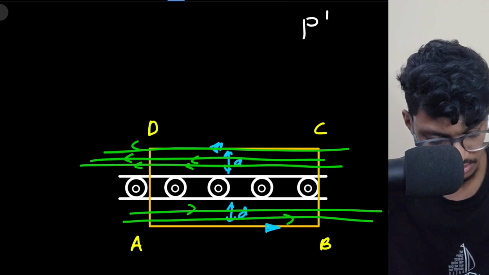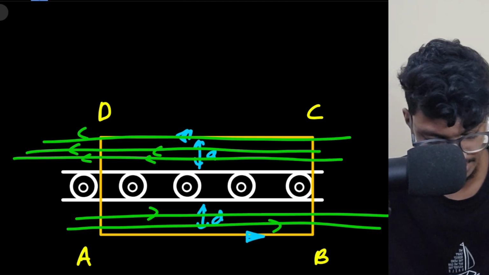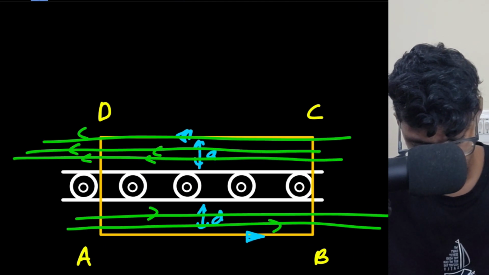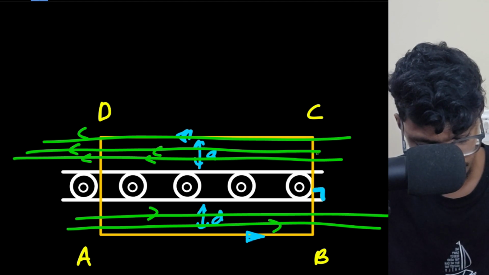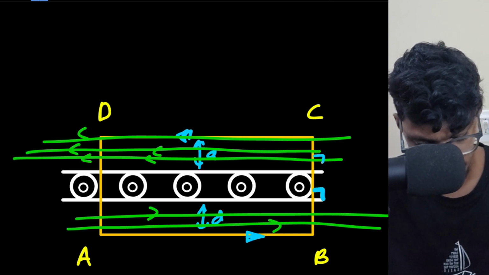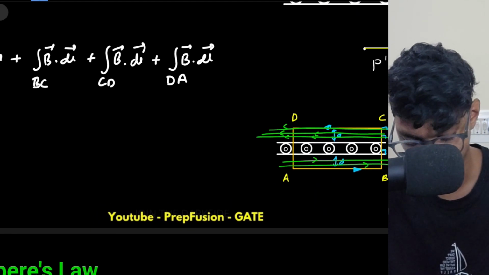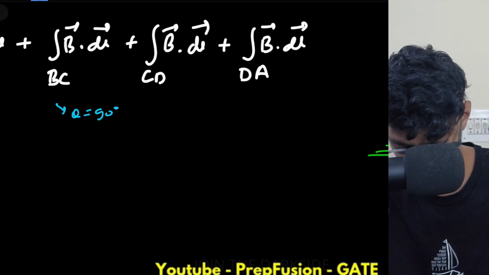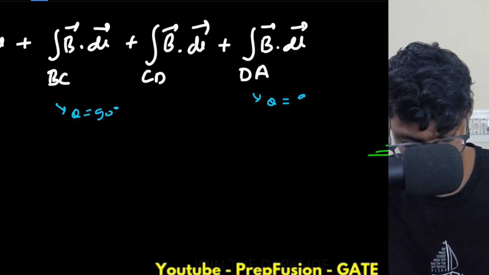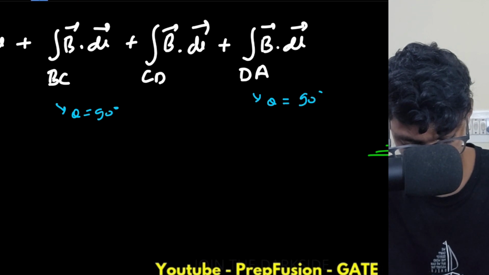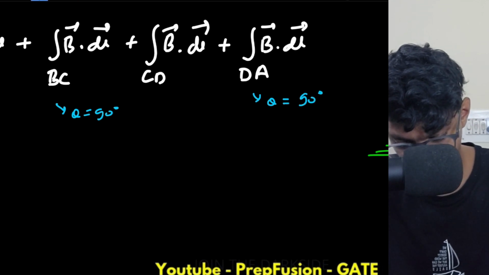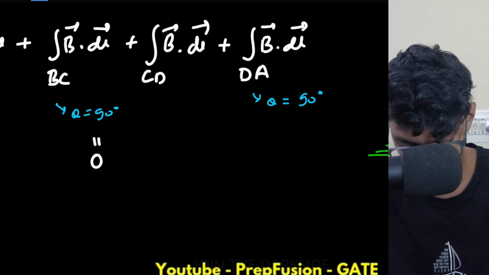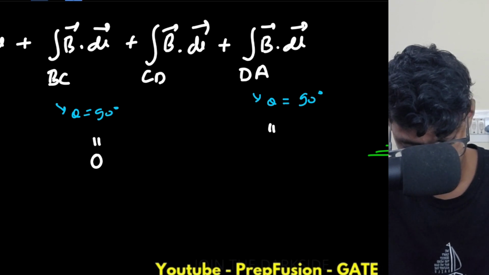They are again perpendicular, correct? All the magnetic field lines are perpendicular. So if they are perpendicular, theta will be 90, and this will also make theta 90. So obviously they will be simply 0.